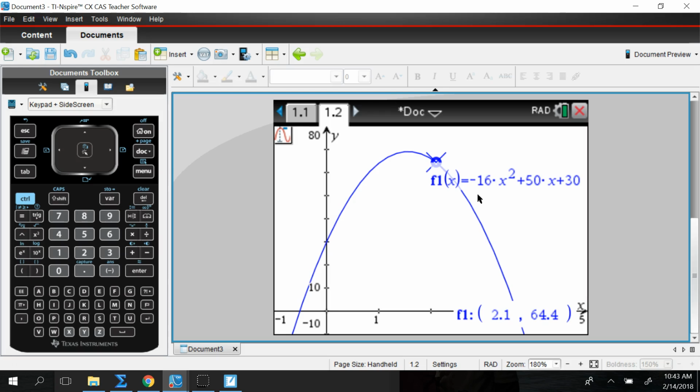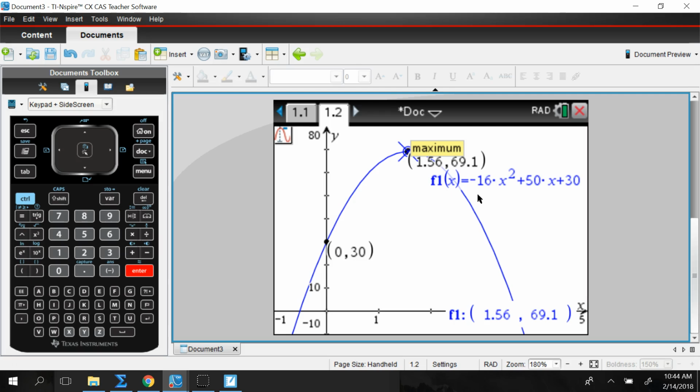I'm going to go over here to my computer because it makes it go a little easier. I can start there. Bam. That's my height that I threw it up at, right? I launched it 30 feet in the air. Then it's traveling upwards, correct? And it gets to a maximum height of 69.1 feet, 1.56 seconds after I released it.